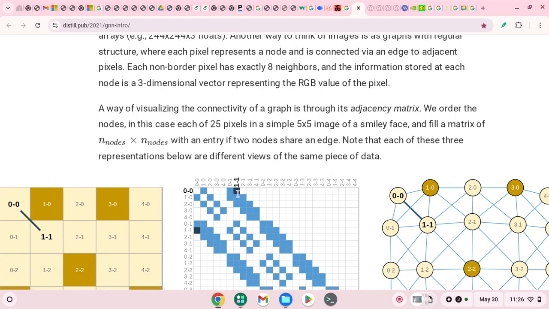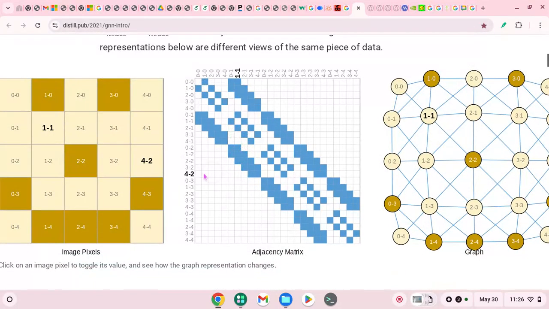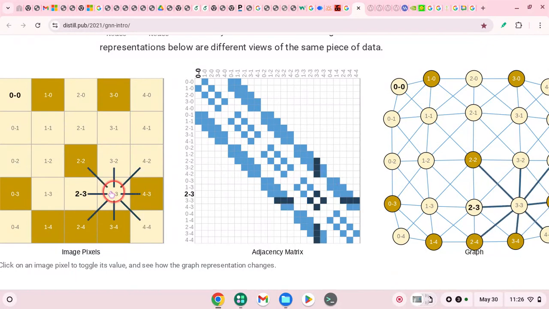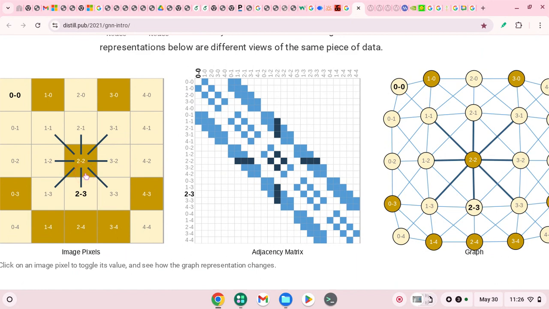For example, a 5 cross 5 pixel image on the left side can be represented as a graph. For example, in this 2 cross 2 pixel, each pixel is interconnected with 8 neighbors, and this is mathematically represented as an adjacency matrix, and that linking information can be embedded in the blue filled cells.